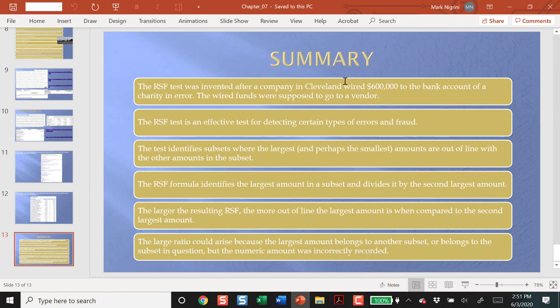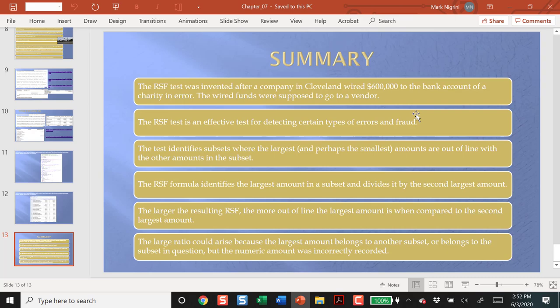It has a history, very effective for detecting certain types of error or even fraud, and it works particularly well if we look at accounts payable data, and we look at invoices, and we look at vendors, and for each vendor we take largest divided by second largest.